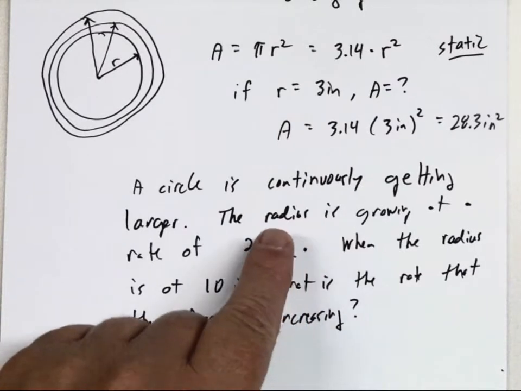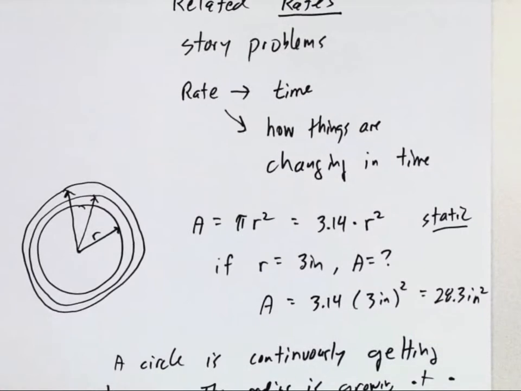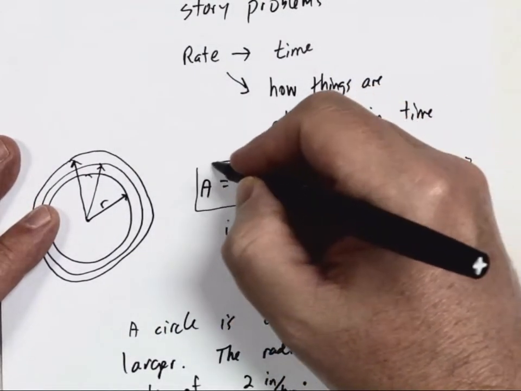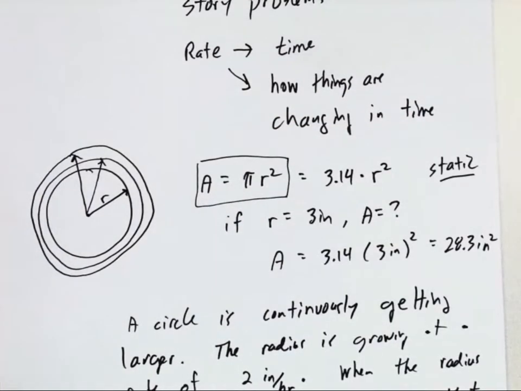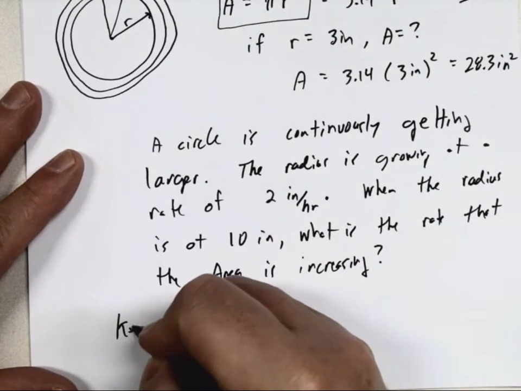All right, this may not make a lot of sense right now, but here's the whole key to how to do these related rate problems. First of all, related rate problems are, you take some equation like this, and in a sense we're going to factor in the time element, because now we have a situation where things are not staying the same, they're changing. And the way we account for how things are changing is, here's the whole key to these problems.